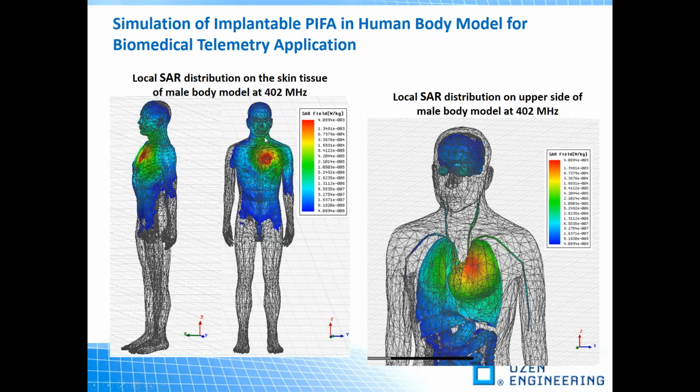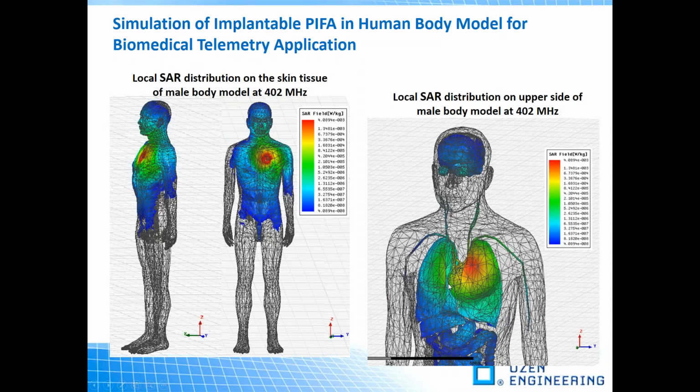As you can see here, the device is located in the human body chest. As the local SAR, we can plot the local SAR value distribution on the human body, and you see the most absorbed power is around the chest and not around all the other body parts.